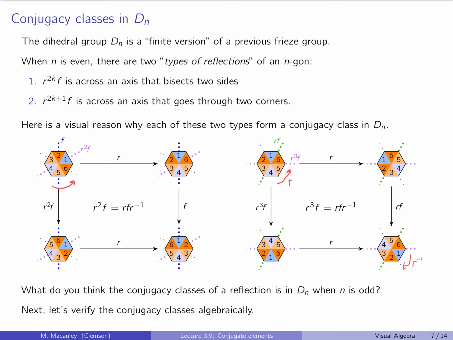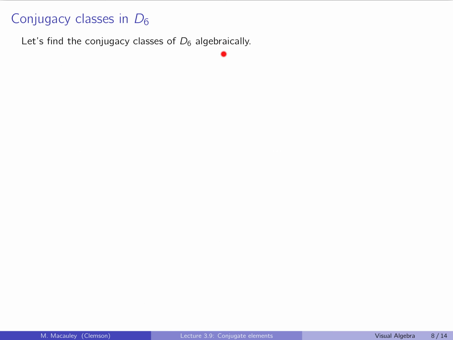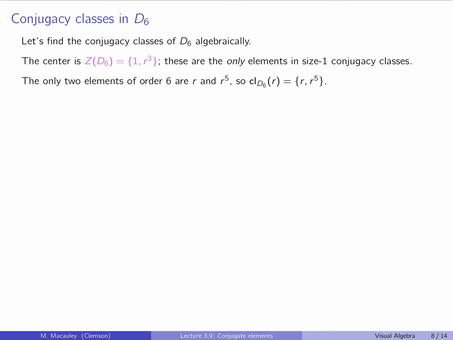So now we're going to look at verifying the conjugacy classes algebraically. And we will start with D6 as a motivating example. The center of D6 is just the identity and the 180 rotation. So these are the only elements in size 1 conjugacy classes. The only two elements of order 6 are R and its inverse, which is R to the 5th.